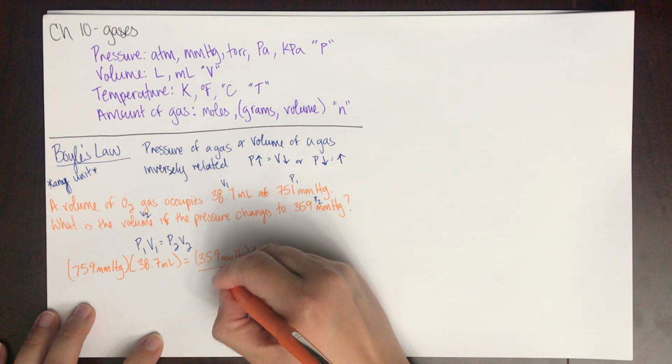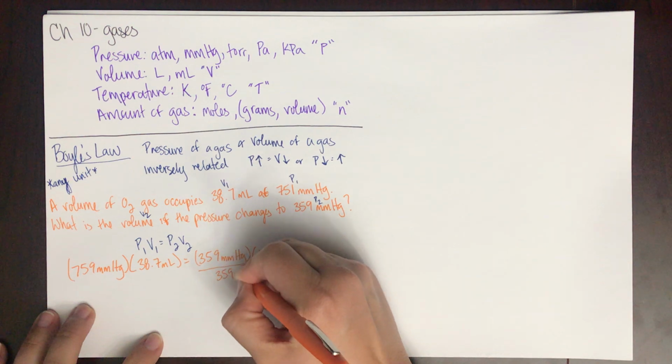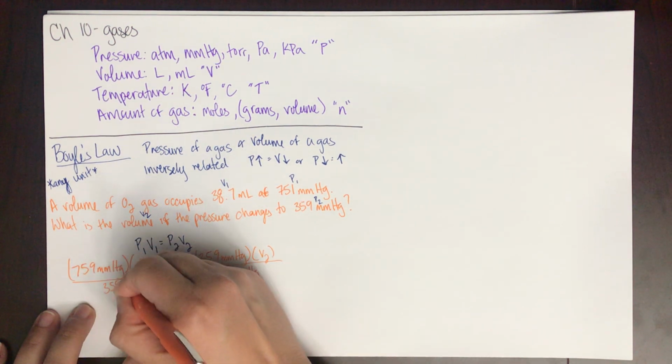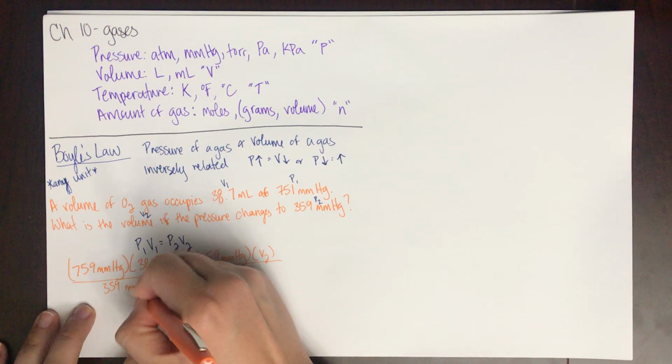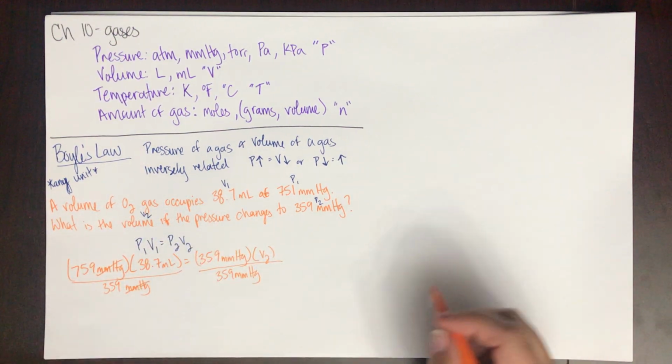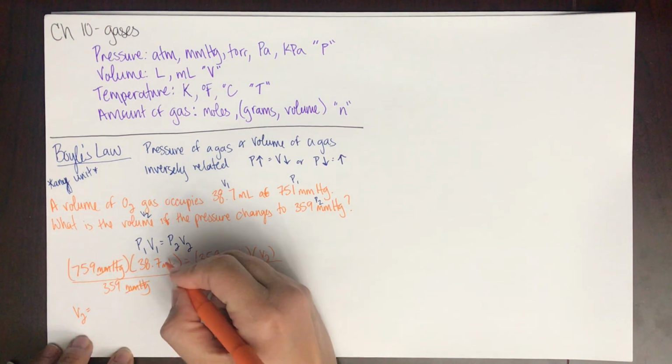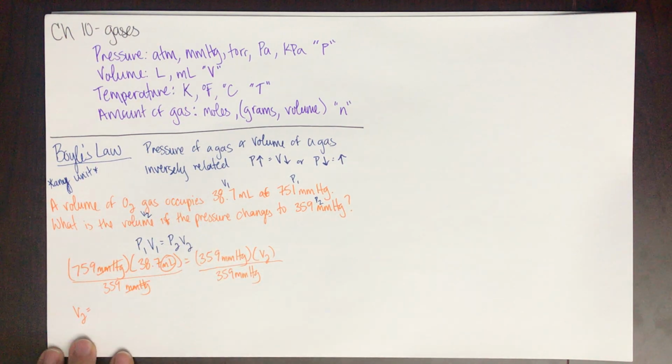So I'm just going to divide both sides by 359 millimeters of mercury. Millimeters of mercury will cancel. Your answer for V2 is going to be in a unit of milliliters.